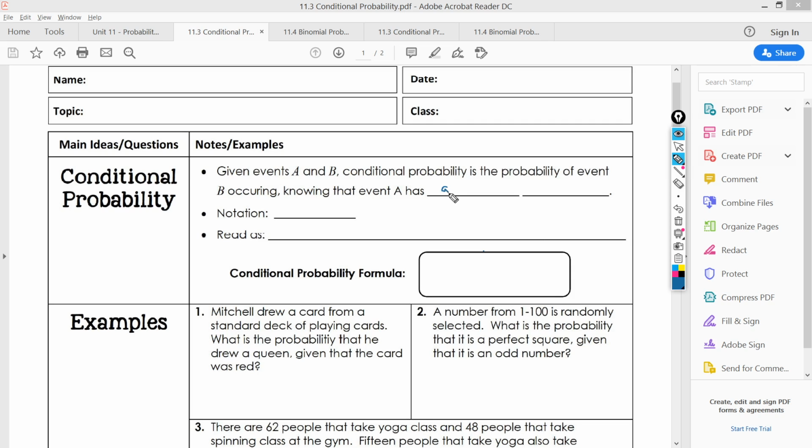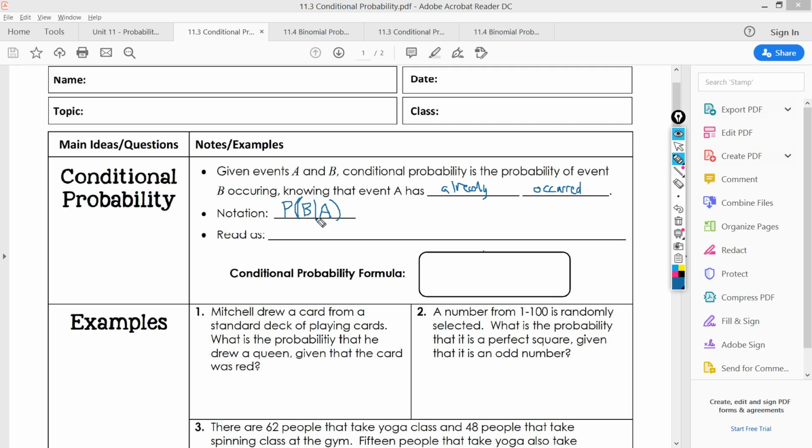Has already occurred. And we want to say the probability of B given A. I'm not going to write the whole thing, but you read this: the P stands for probability.